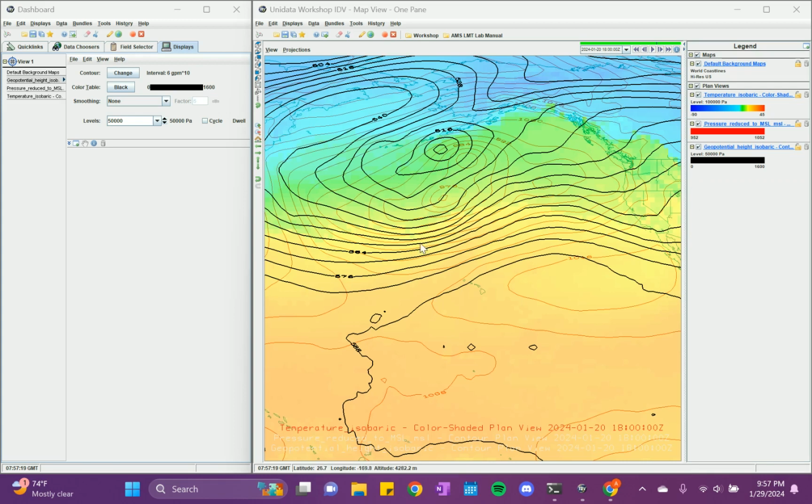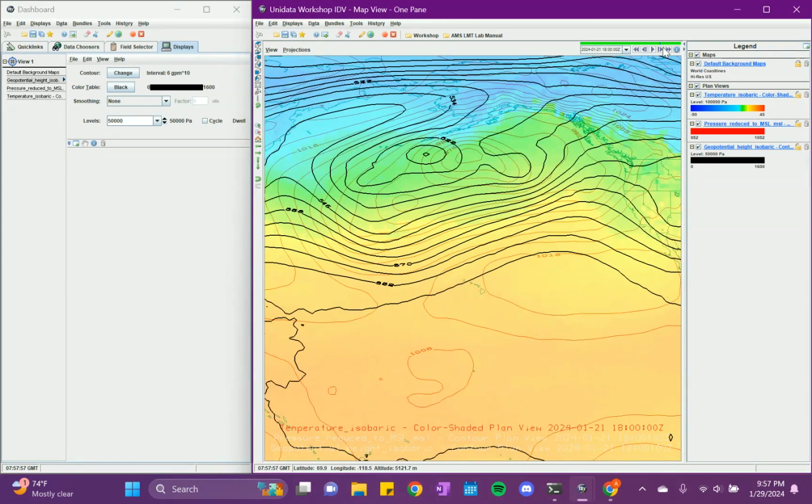The temperature shading is showing temperature at 1,000 millibars. We see that the coupled low pressure systems have conjoined, forming a larger low pressure system, and there is a new trough at the surface and in the jet, forming to the northwest of Hawaii.